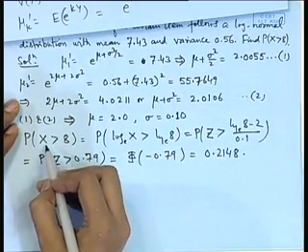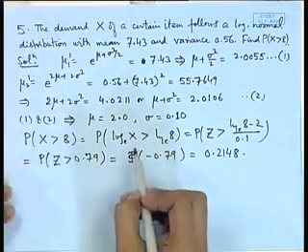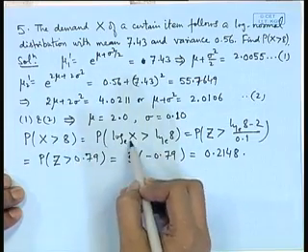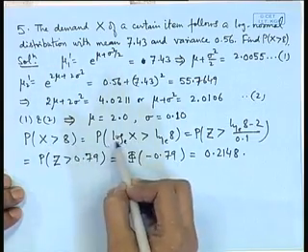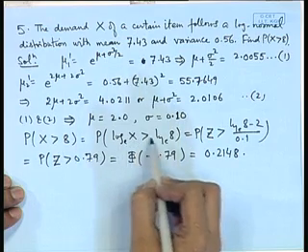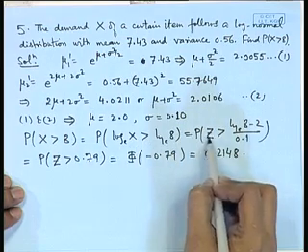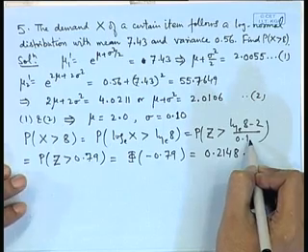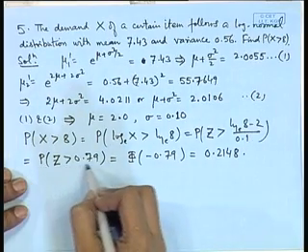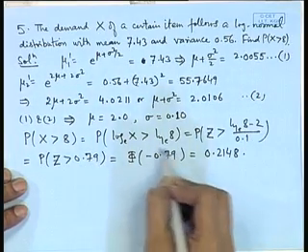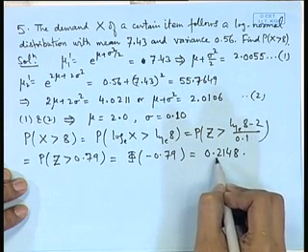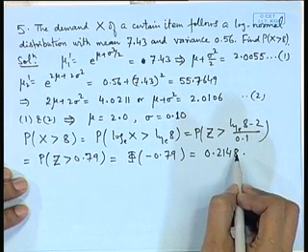Now, the probability for a log normal random variable can be calculated using the normal distribution. So, probability of x greater than 8 reduces to probability of log x greater than log 8, which is probability z greater than (log 8 minus 2) divided by 0.1, which is probability z greater than 0.79, and from the tables of the standard normal distribution we can see it is 0.2148.